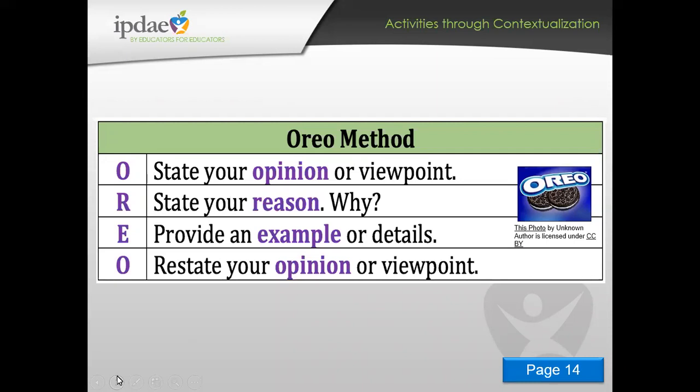And what I mean by that is instead of just having the O-R-E-O, you can have O-R-E-R-E, because you can double up the R-E and double stuff, meaning they're going to give multiple reasons and multiple examples before closing it with their opinion. Students love it because they're eating, because I usually pass out Oreos, and they're also learning. So this is a great tool you can use in contextualizing your instruction.